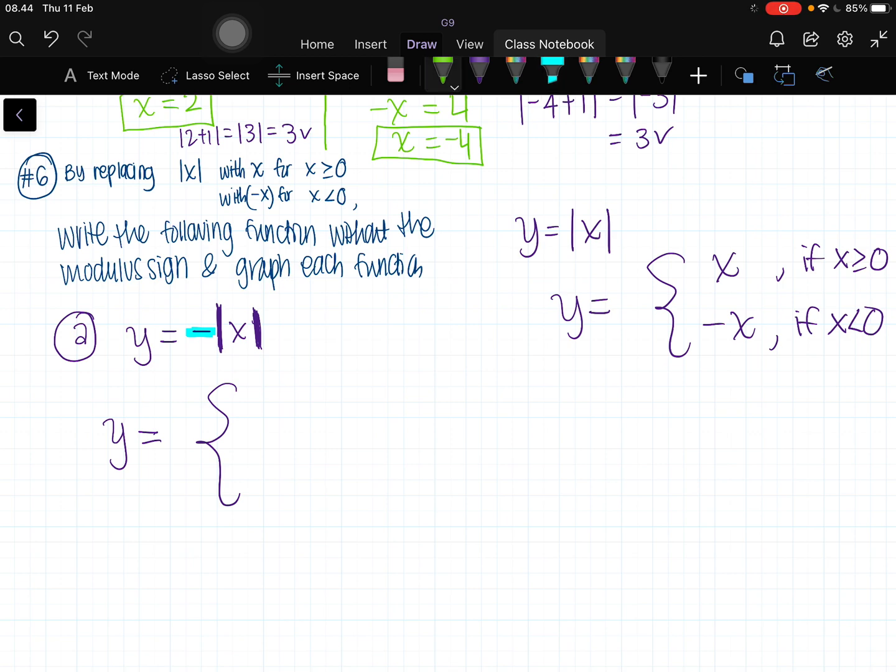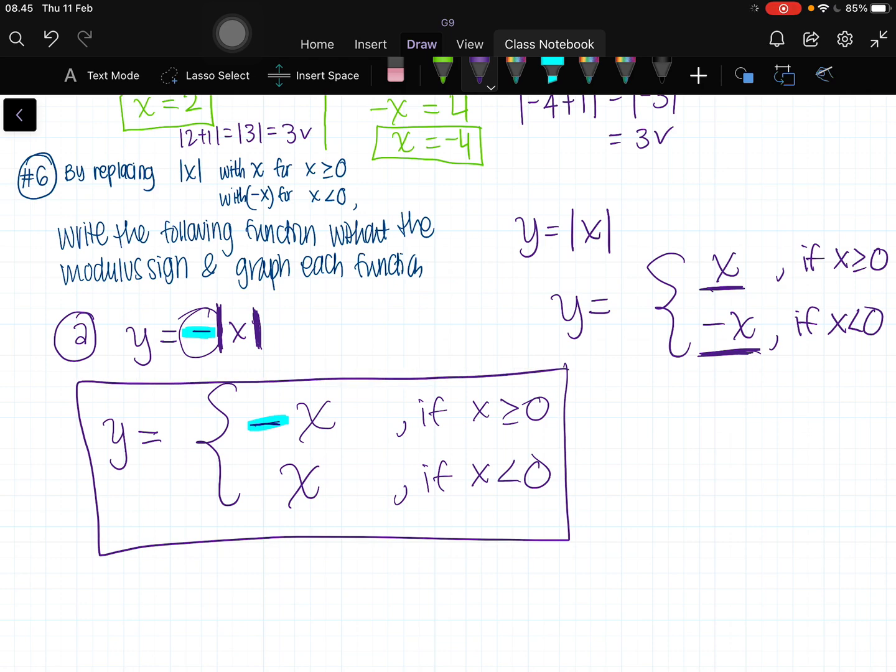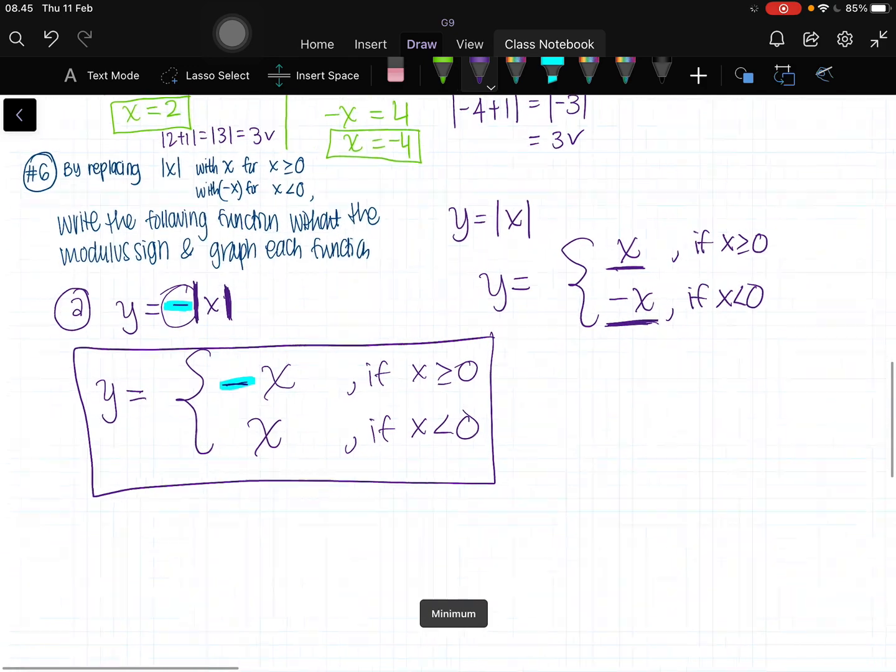So now this stays the same if x is positive, and then if x is less than 0, because of this negative sign in the front, we're going to multiply this x by negative, so that it becomes -x. And then we're going to multiply this -x with that negative sign again, so that becomes positive. So this is how you would rewrite the function without the modulus sign.